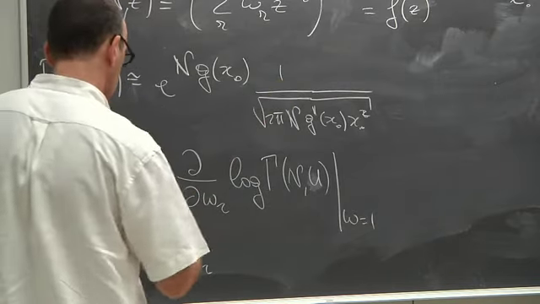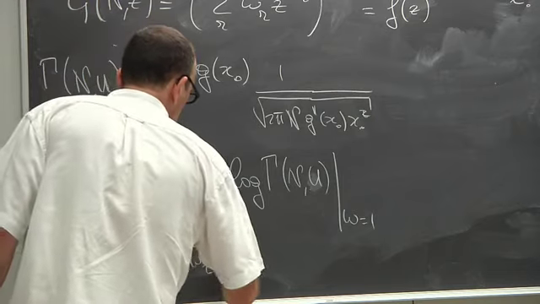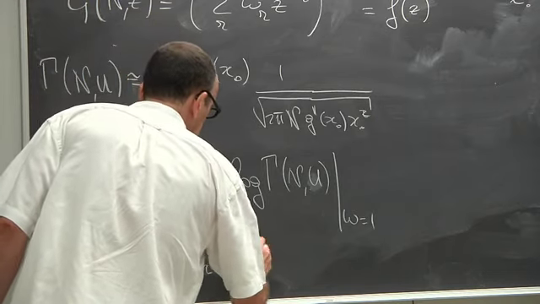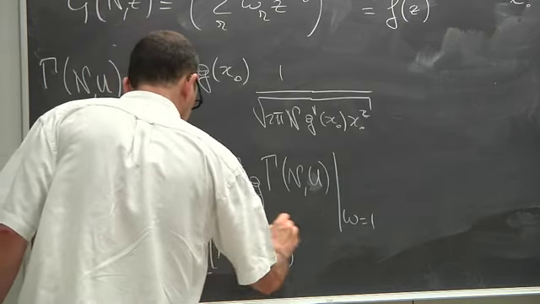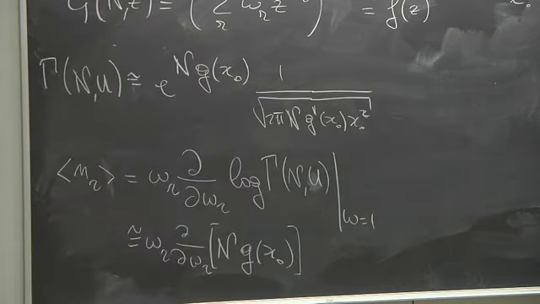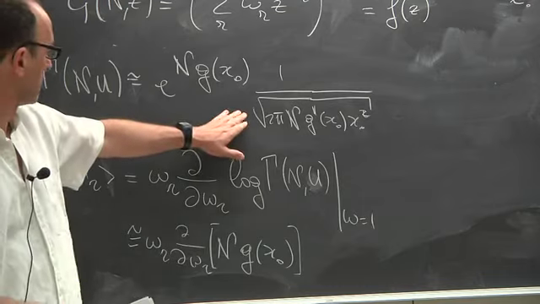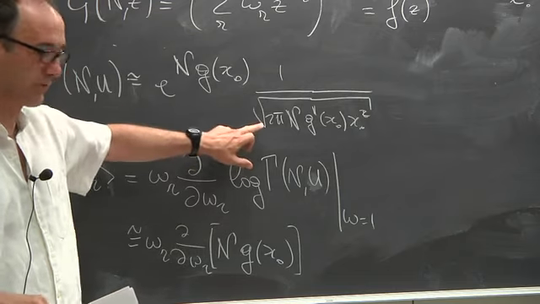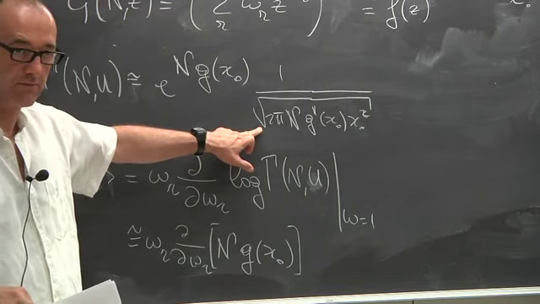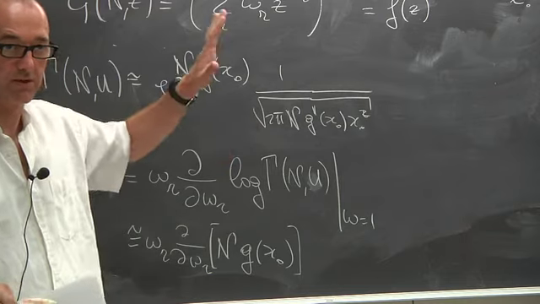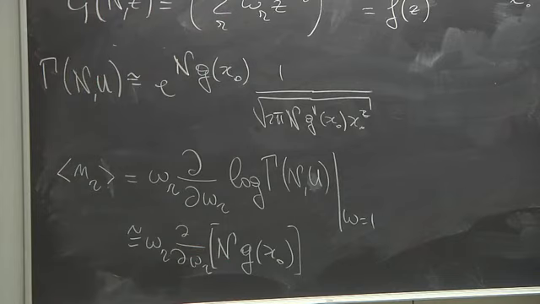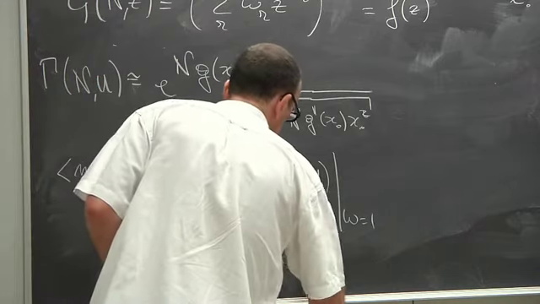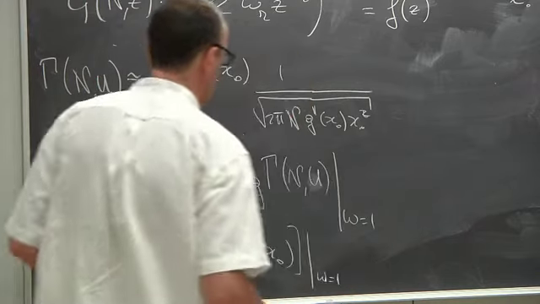So one can just take n times g of x naught and neglect the log of this term, which will be small compared to this one. And then you should set the omega equal to 1.